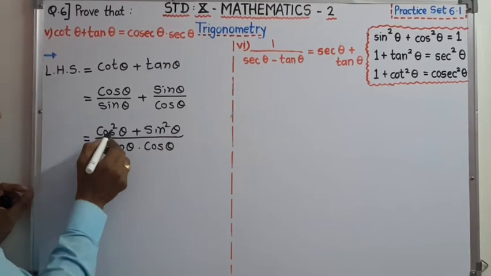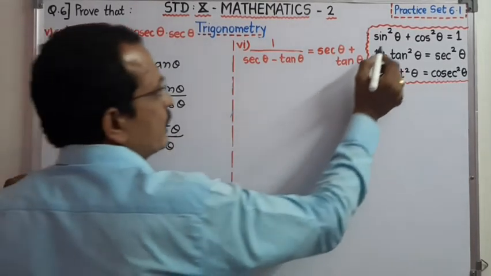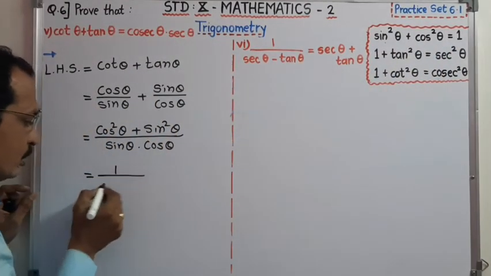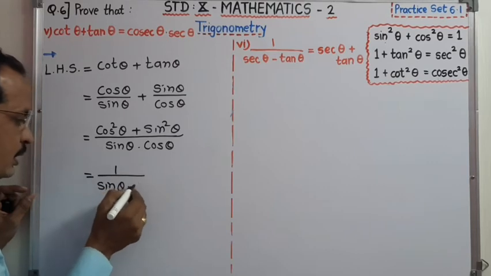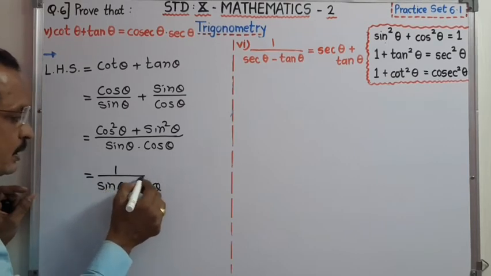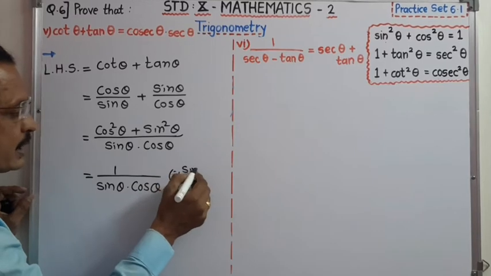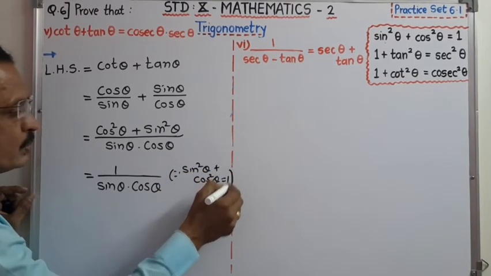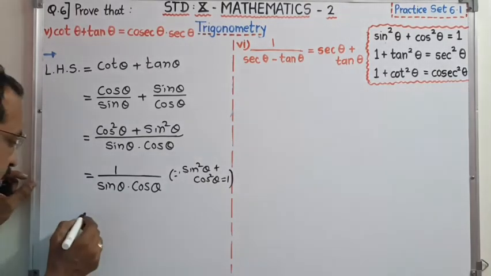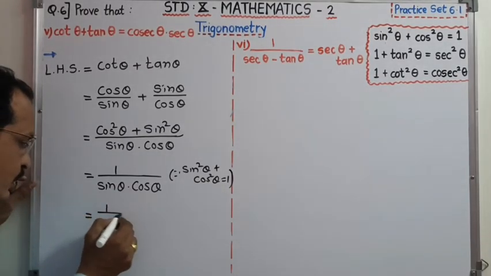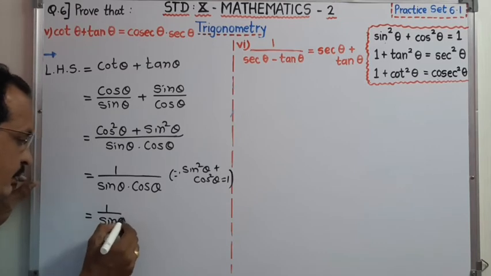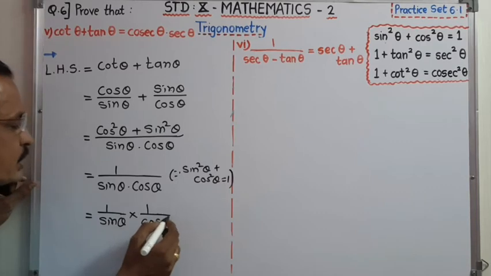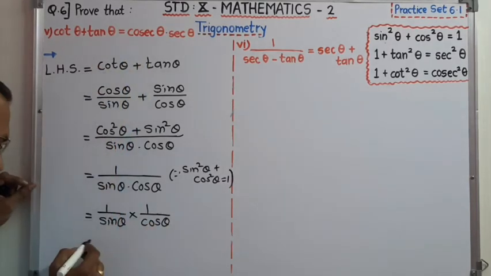Now dear student, cos square theta plus sin square theta, that means sin square theta plus cos square theta is equal to 1 upon, we write here sin theta into cos theta. Here we have to write sin square theta plus cos square theta is equal to 1. Now dear students, see here, this is 1 upon sin theta into 1 upon cos theta. Now dear student, 1 upon sin theta means cosec theta.